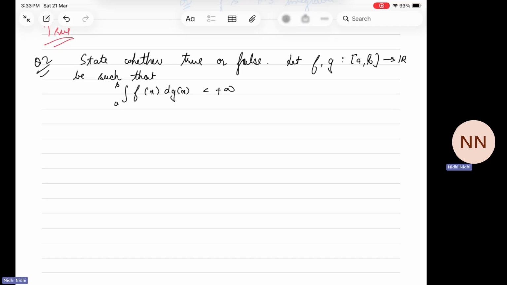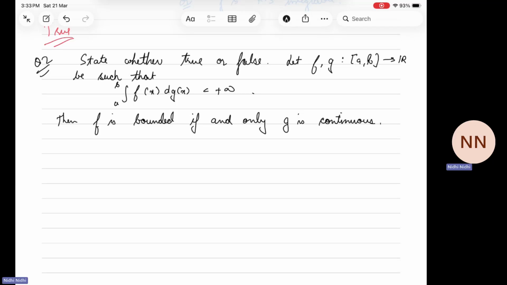That means f is RS integrable with respect to the function g. Then they're saying that f is bounded if and only if g is continuous.